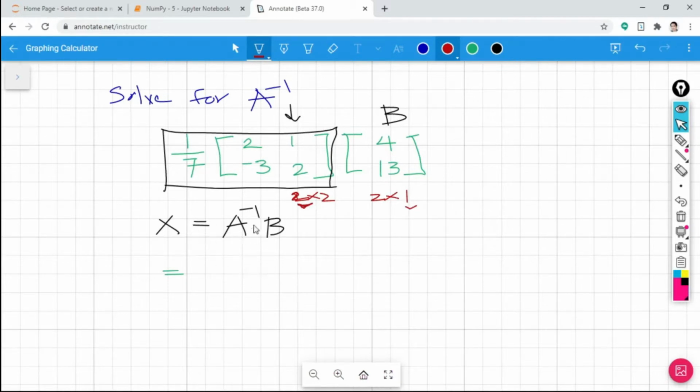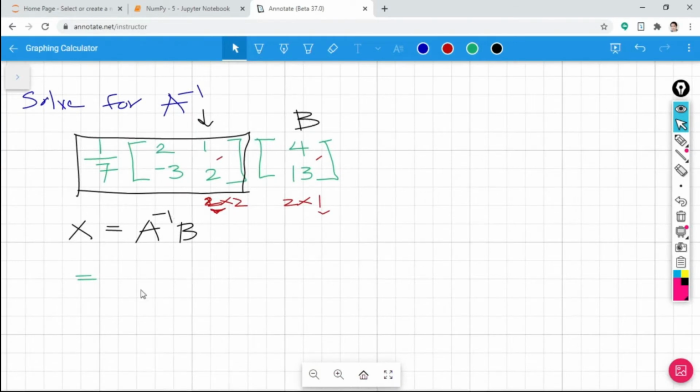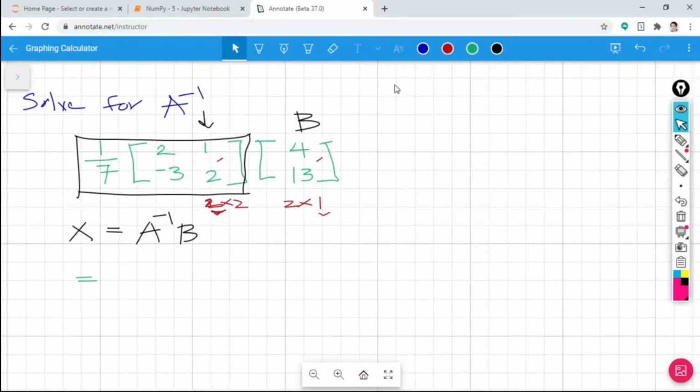So let's multiply this one and this one first. So if we multiply that, so we will be having 2 times 4. Okay, so let me do this at this side. So let me multiply. So this one is 1 over 7. So let's write this down.